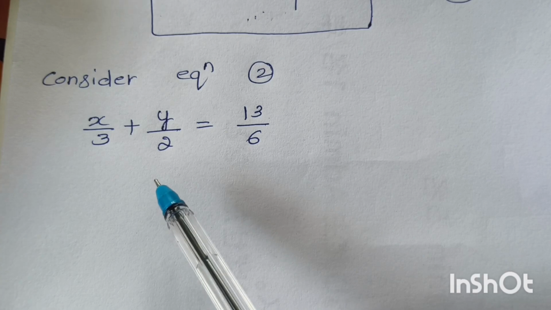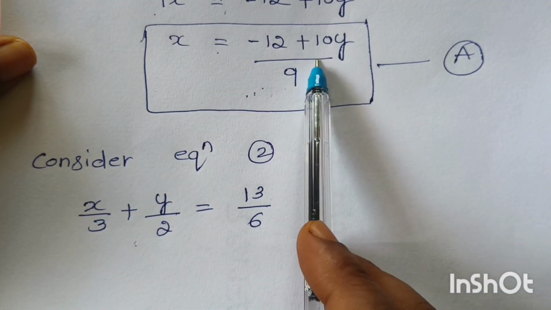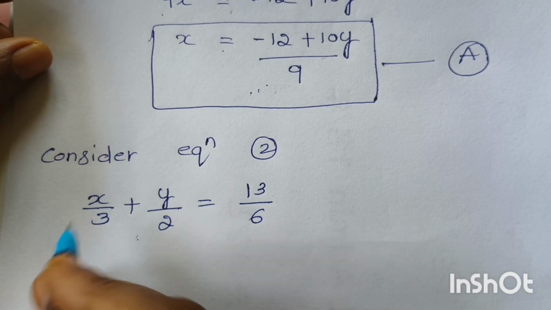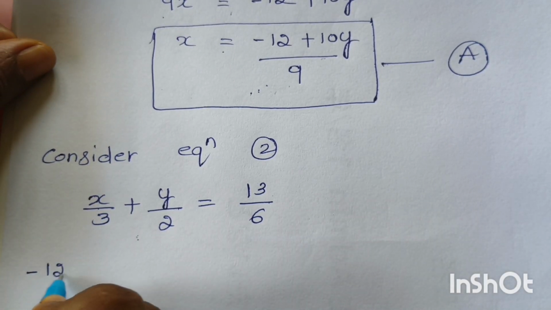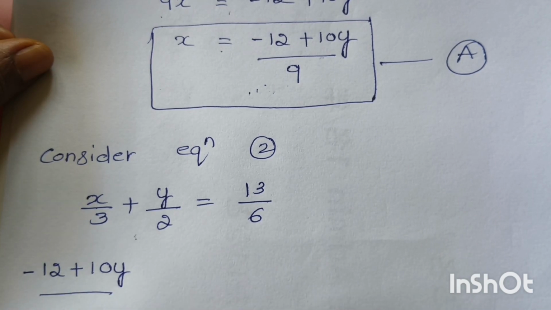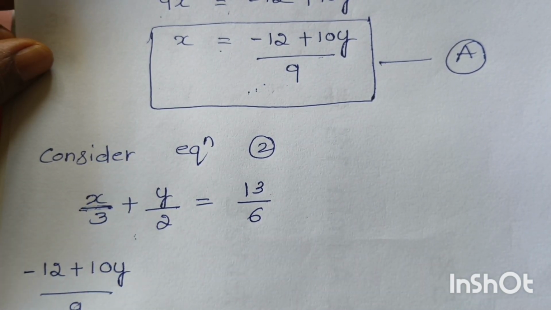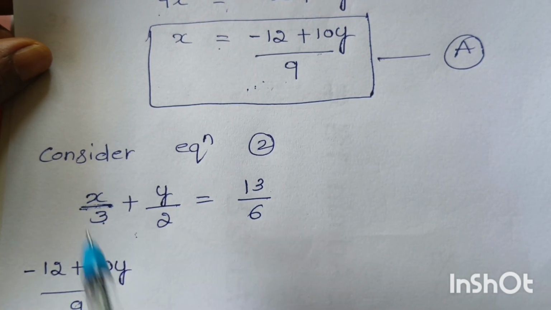Now let us substitute the value of x in this. In the place of x, let us write this one. That is, in the place of x, write minus 12 plus 10y divided by 9, and for this divided, you write whole divided by 3.